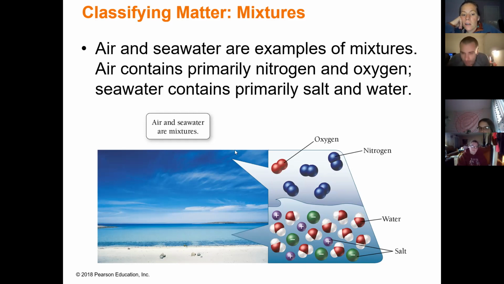The atmosphere is also an example of a mixture. A lot of times people will think of air and go, oh, that's an element, it's oxygen. Well, there is oxygen in the air, but actually the larger proportion of air is nitrogen. So we've got oxygen, nitrogen, argon, carbon dioxide that you're breathing out, maybe some traces of other things as well.